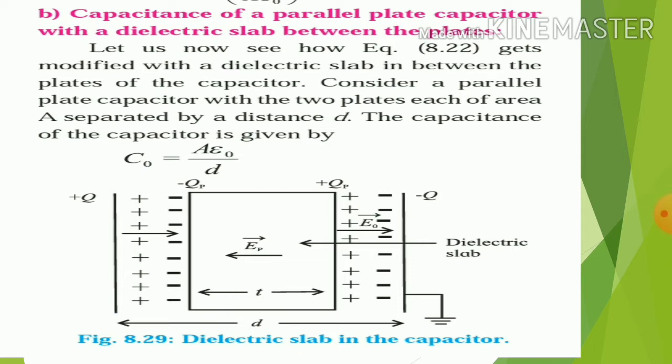In presence of this thin dielectric slab, the inner electric field is denoted by EP. D is the distance of separation between the first and second plate of the parallel plate condenser.